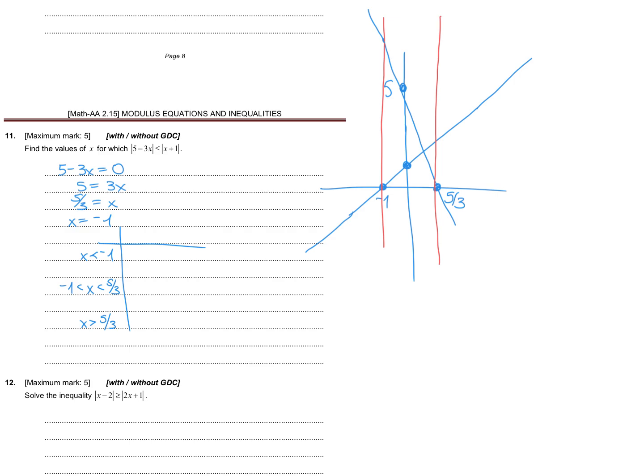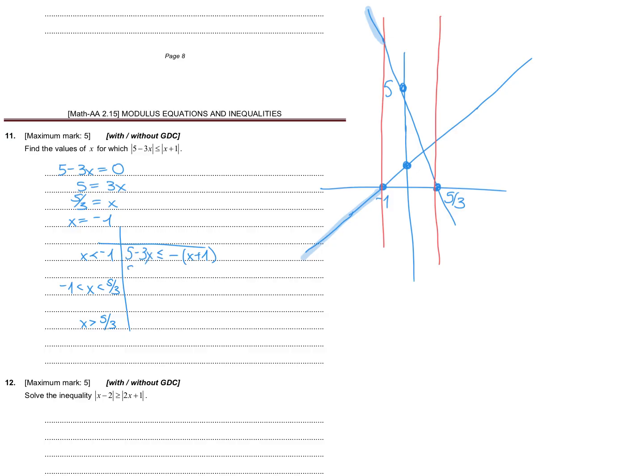Okay, so if we have before −1, you can see that the x + 1 is less than 0, so it's −(x + 1). And the 5 − 3x is above the x-axis, so that's just going to be the positive.